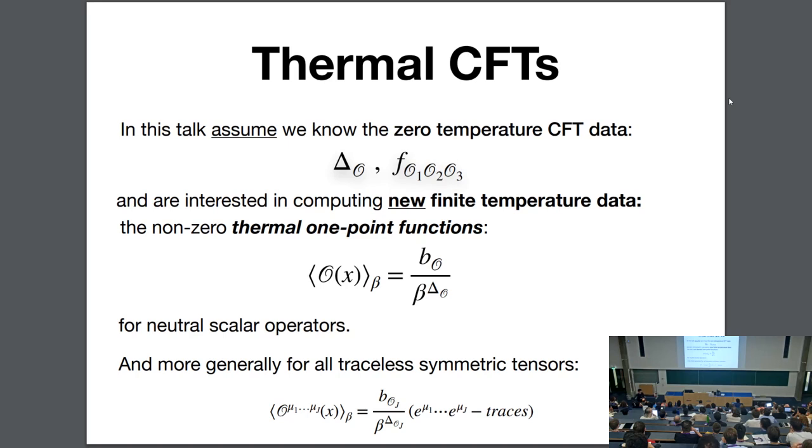And now I am interested: given this data, can I produce the finite temperature data, which are encoded in thermal 1-point functions? So this is a neutral scalar operator, but generically, any symmetric traceless operator can acquire a VEV. So I want to learn how to calculate these b's.